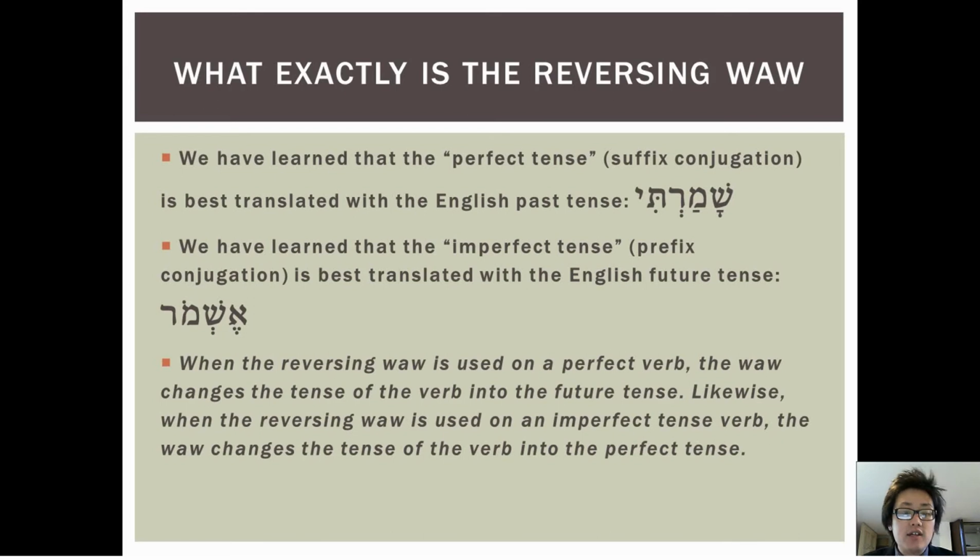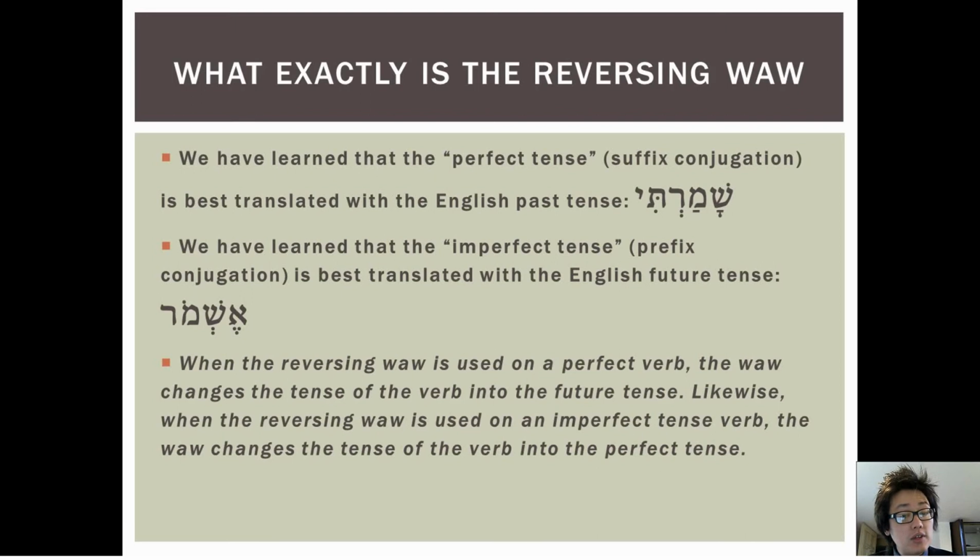When the reversing vav is used on a perfect verb, like shamarti, the vav changes the tense of the verb into the future. So whereas we would normally translate it as a past tense English verb, this reversing vav is going to flip that and change its meaning into more of a future tense kind of verb.